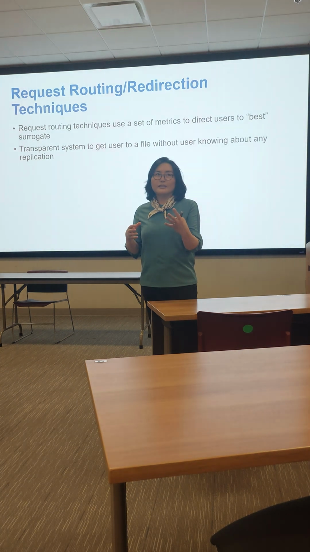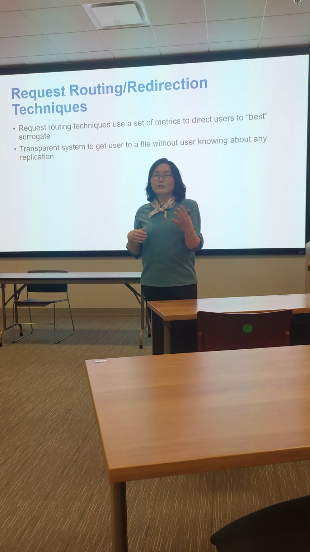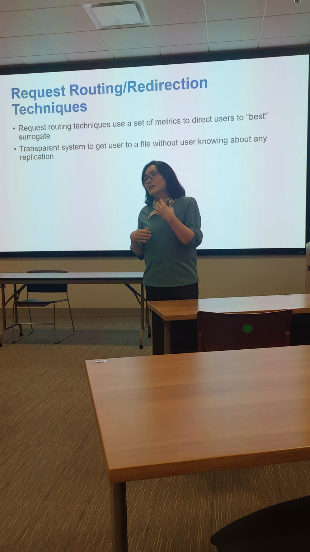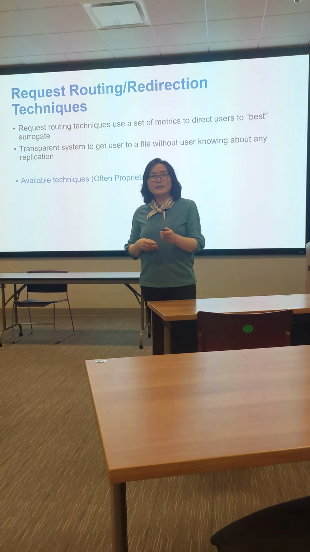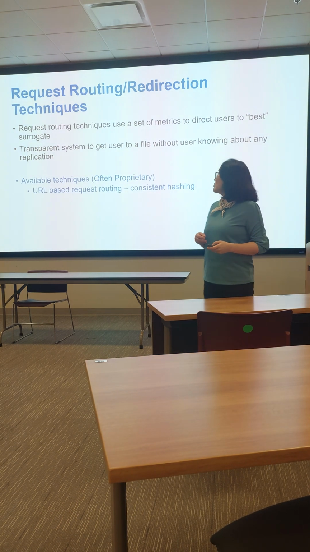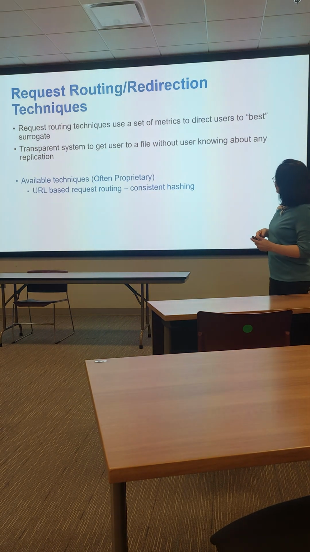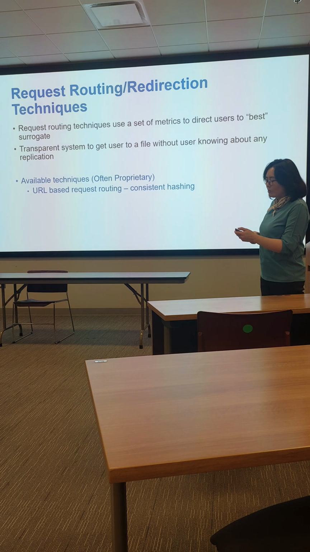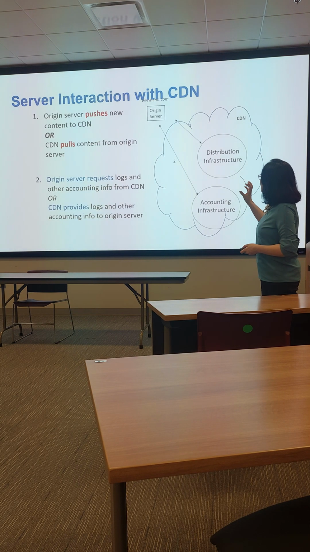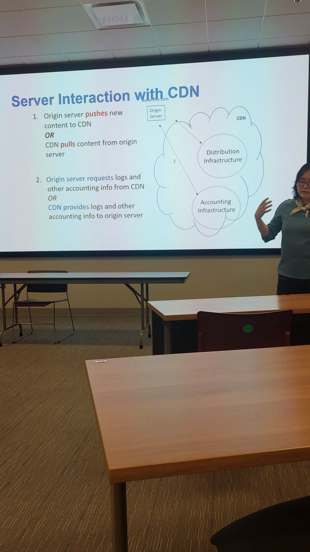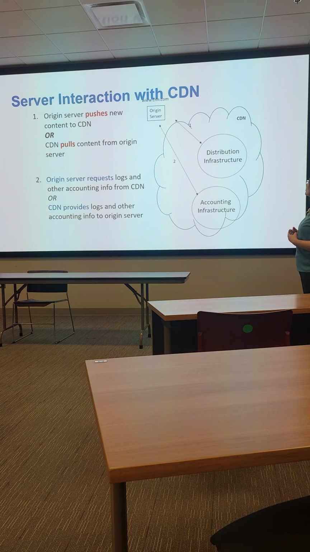How? URL rewriting, and then redirection, right? The DNS redirection. Also, before surrogate servers are placed, part of the CDN's work is that some of the content will be pushed to surrogate servers in advance.